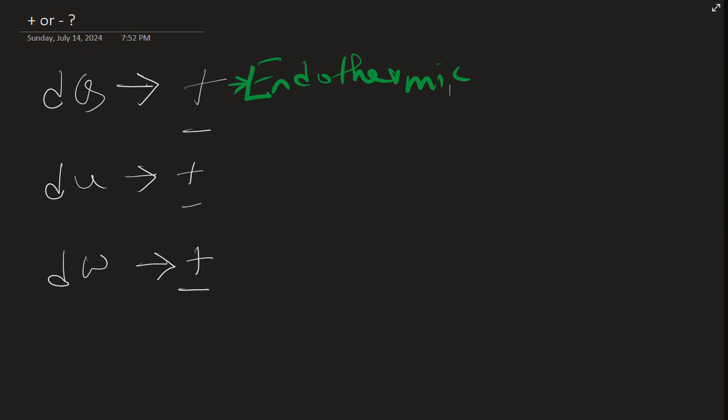And if the system is exothermic, that is, heat is released from the system, then dq will be negative. So dq is positive in endothermic systems and dq is negative in exothermic systems. That means if heat is absorbed by the system, dq will be positive, and if heat is released or rejected by the system, then dq will be negative.